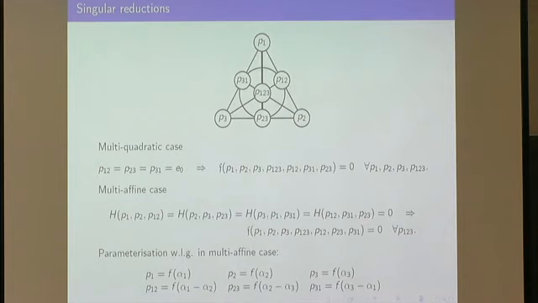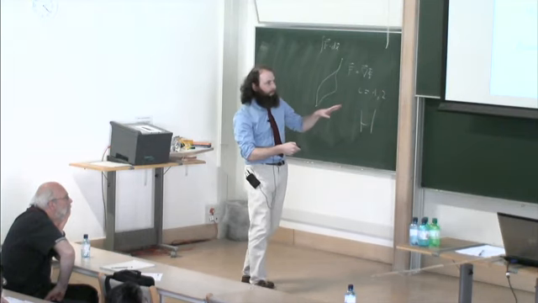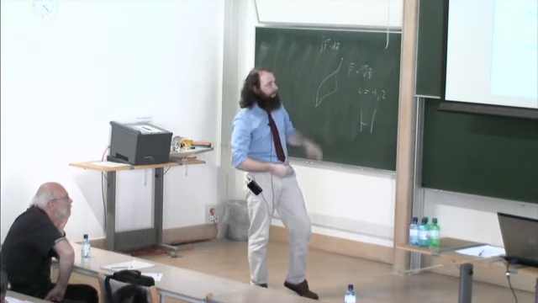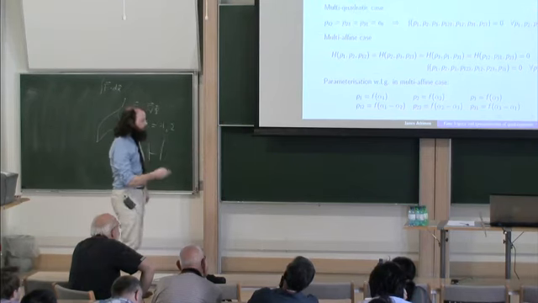If we do that, then f is satisfied by virtue of this constraint for all values of p123. So again, this is a singular reduction. This is satisfied for any choice of this variable. So again, you can use the function f to parameterize this sequence of vanishing of h's by doing each one individually.